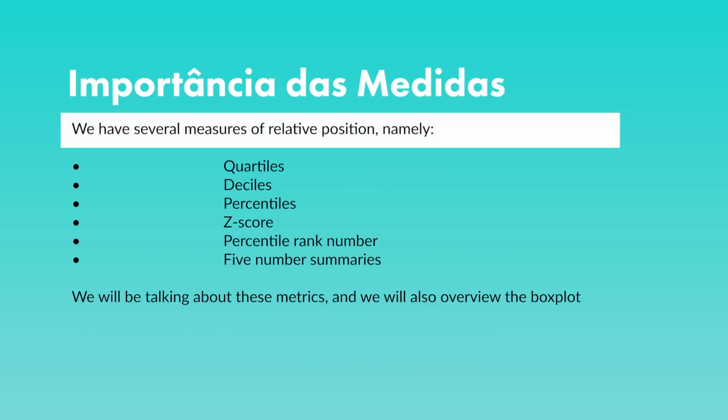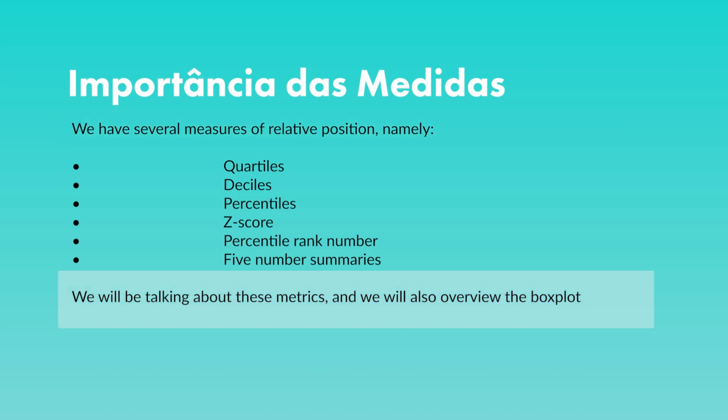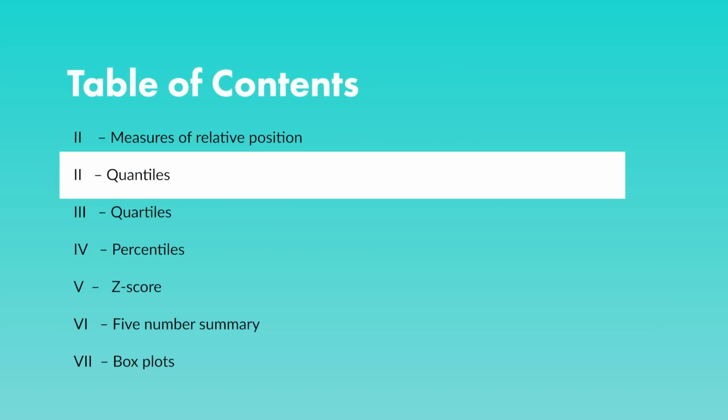There are several measures of relative position, namely the quartiles, the deciles, the percentiles, also a different method, the z-score, the percentile rank number connected to the percentiles, and 5-number summaries. We are going to talk about these metrics, and we will also review perhaps my favorite topic, which is the box plot, an important and useful graphical tool for relative positioning.